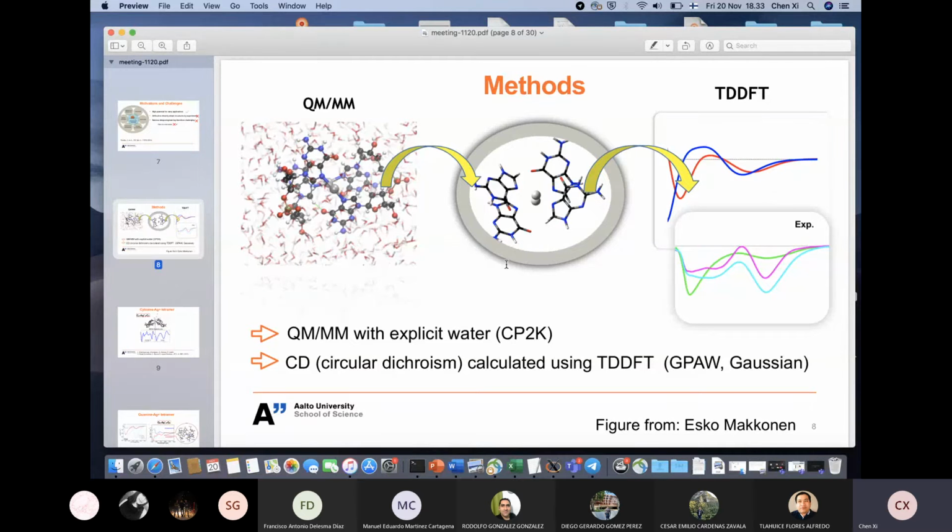But for this type of small and dynamic cluster, we need to run a long simulation, and we take 10 or 20 snapshots, depending on your system, and then you calculate the average spectrum.